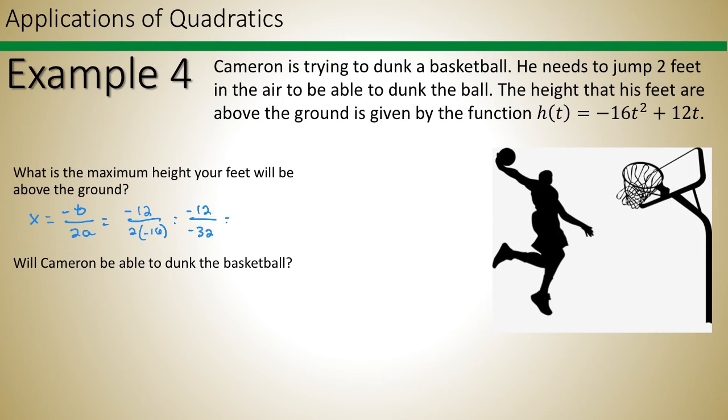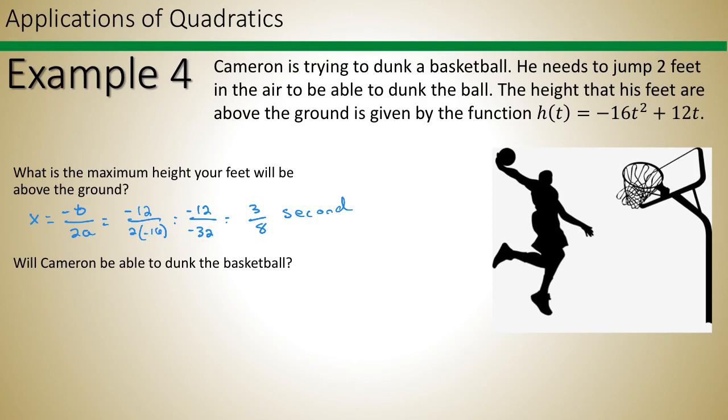And that's going to simplify to, let me leave that as a fraction, 3 over 8. Okay, so it takes 3/8 of a second for Cameron to reach his maximum height.